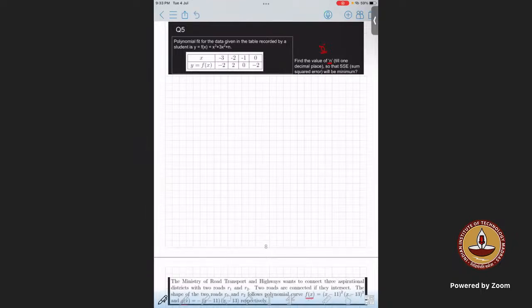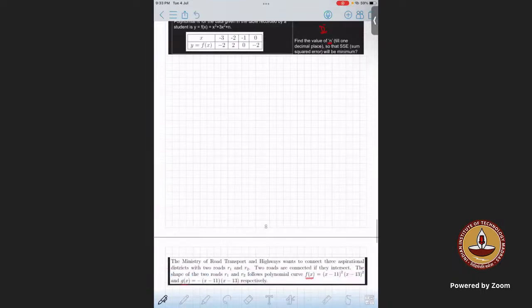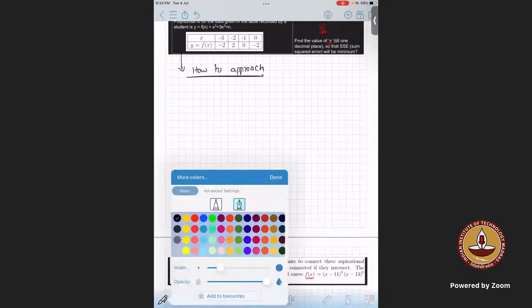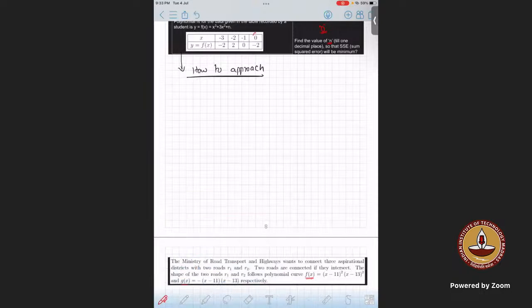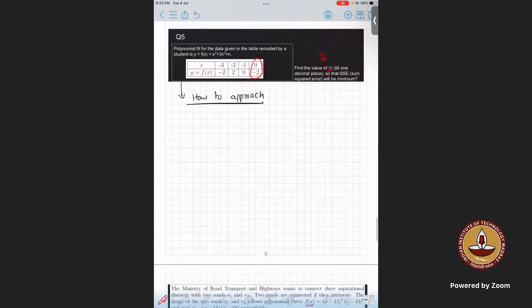Look, I will tell you how to approach. In this question, you can clearly see there is 0. Not every time, but in most cases this works: x equal to 0, then it is minus 2. That means f of 0 equal to minus 2.